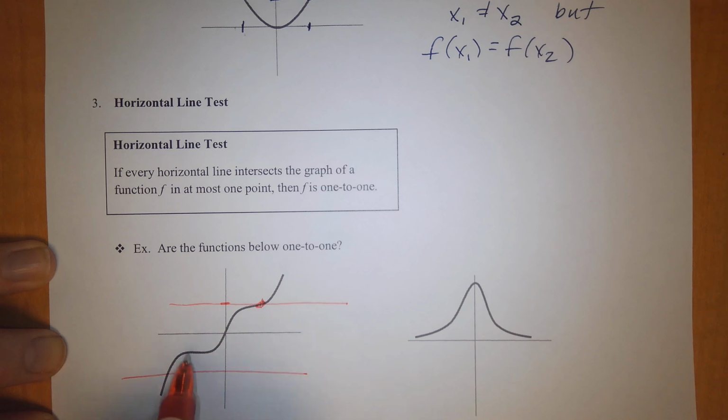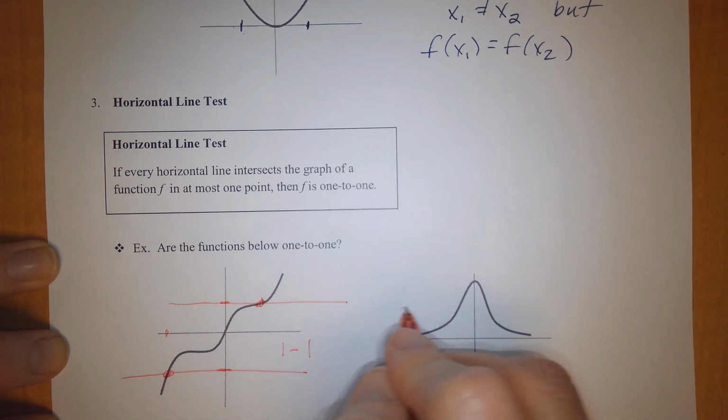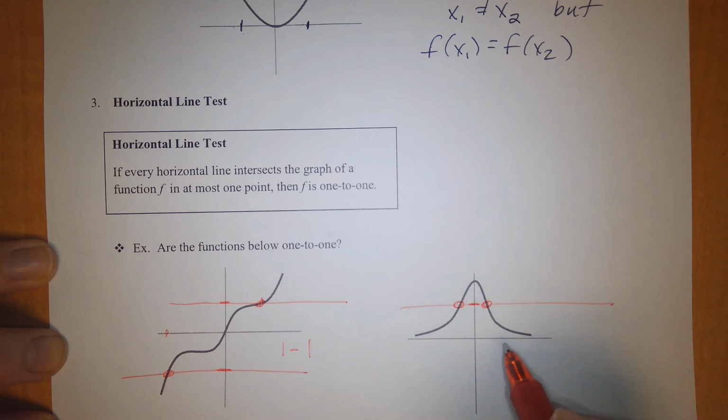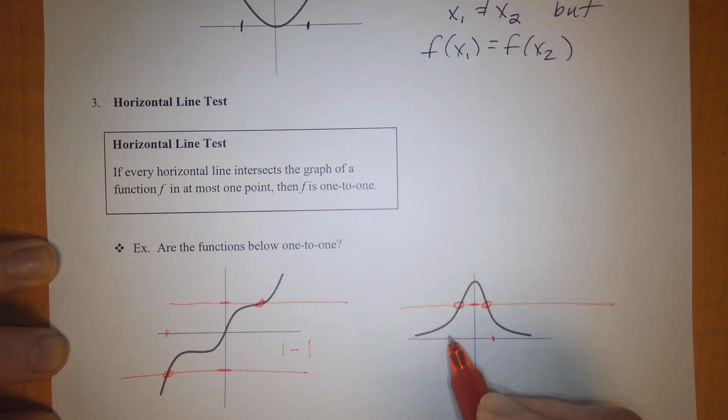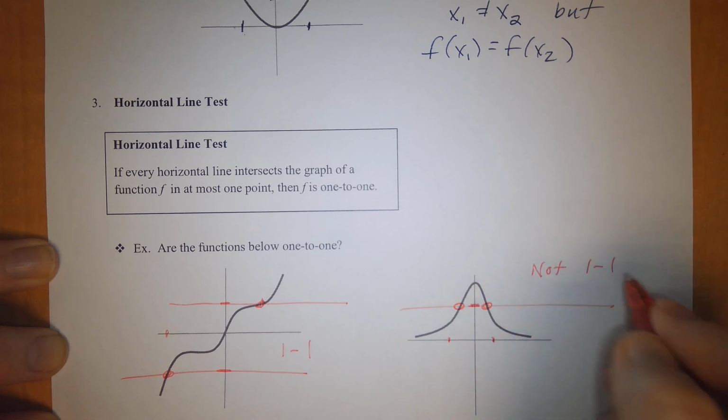For this particular y value, I only hit one x. So this is one-to-one. However, this graph is not, because for this particular y value, I'm going to have two different x values, meaning when two x's are not equal to each other, I'm going to get the same y value. So this is not one-to-one.